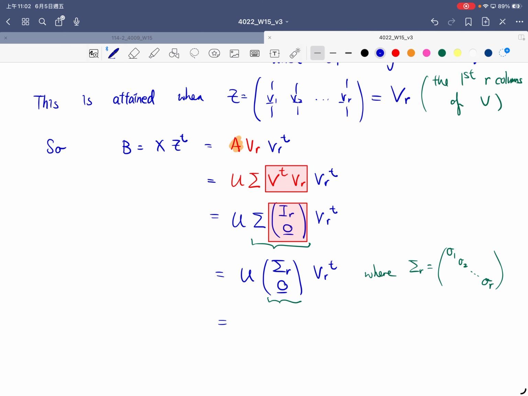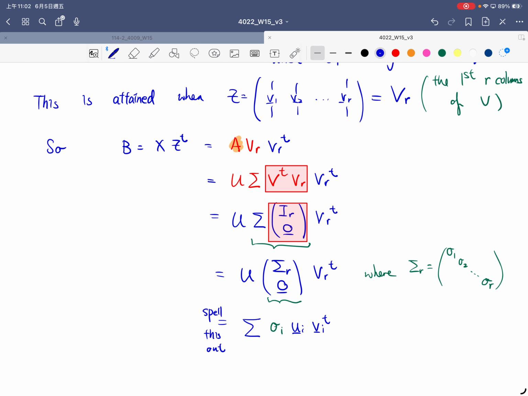Then you're done, because if you really spell out the matrix multiplication here, you will get a sum of the singular value sigma i, and then you get ui, and then vi transpose.